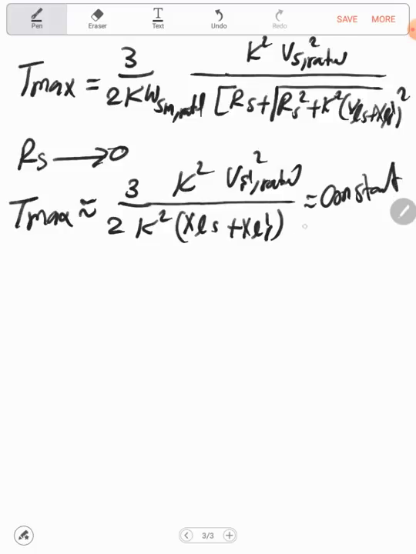And this one is almost equal to T max at rated value.